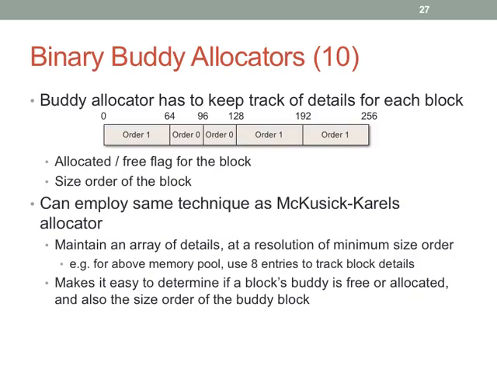But of course, you have to maintain that array at the minimum size order. So for something like this, 256 bytes, and the smallest size order is 32, that means I have to keep track of 8 entries, regardless of whether or not I have 8 allocated chunks of memory.